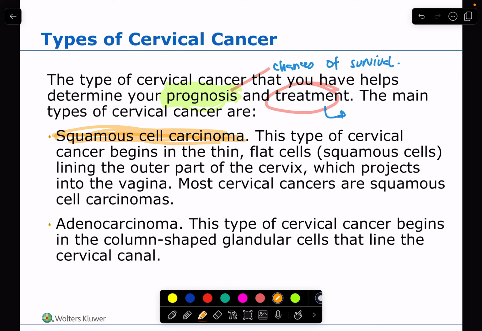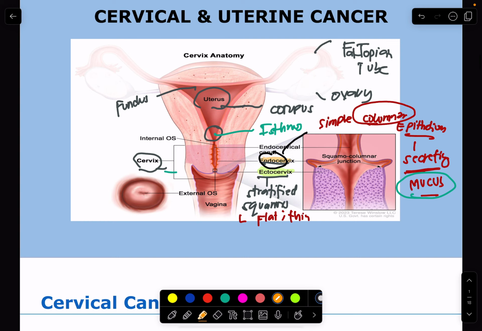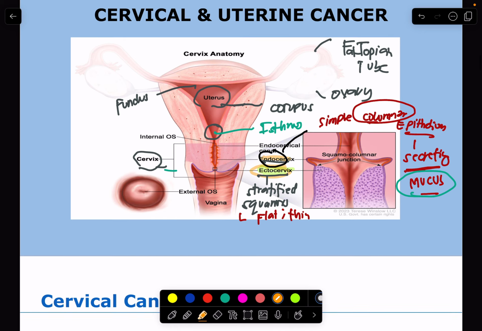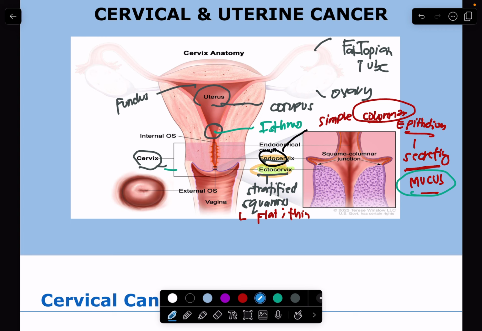This type of cervical cancer begins in the thin flat cells or squamous cells lining the outer part of the cervix. Now, nasabi natin kanina, balikan natin yung picture. In the cervical region, we have the ectocervix. And when we say ectocervix, ecto means outside.